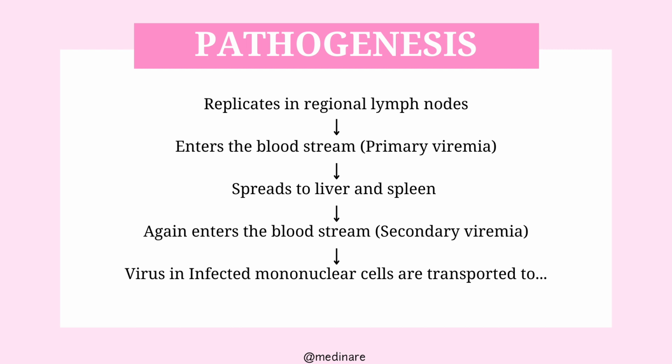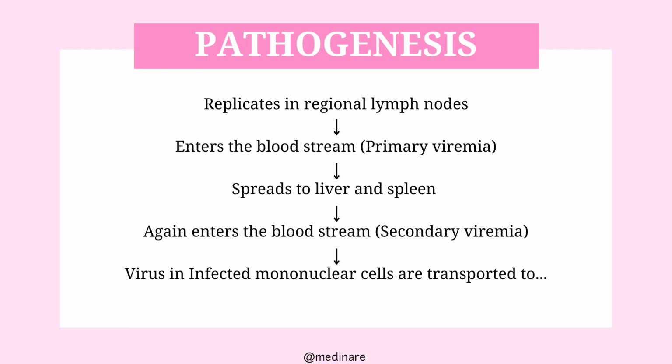Once it reaches the regional lymph node, it replicates and spills over and enters the bloodstream, which leads to primary viremia. The term viremia is nothing but virus present in the blood, right? Then it reaches the liver and spleen, and it again enters the bloodstream, causing secondary viremia. So the blood is getting exposed to the virus for the second time.